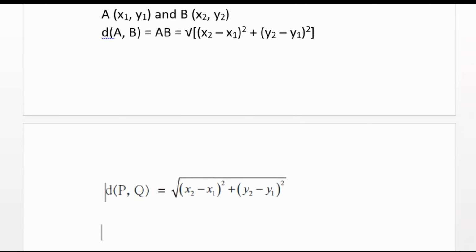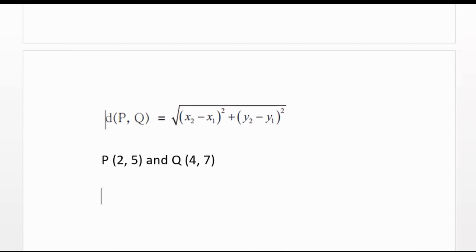So here they have considered the points P and Q. We'll consider an example where we've been provided with the coordinates of points P and Q. So point P is, let's say, (2, 5), and Q is (4, 7). Now we have to find the distance PQ.